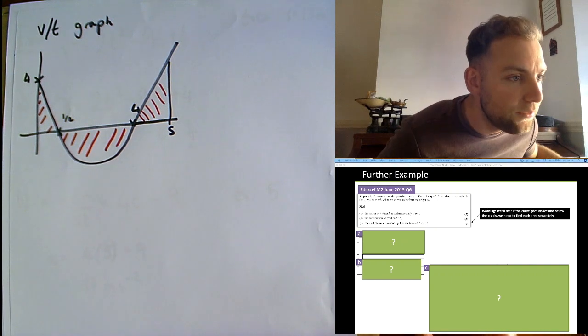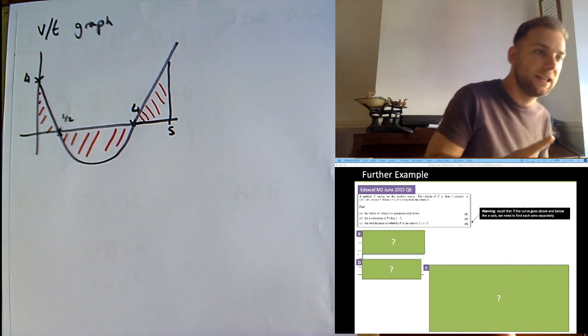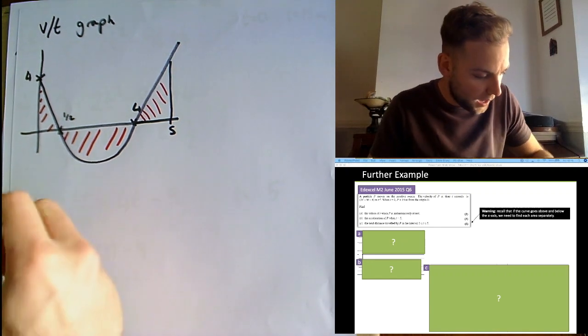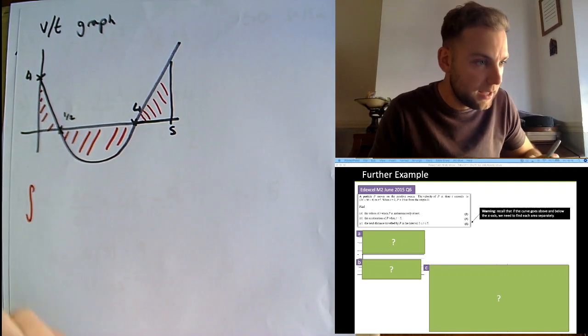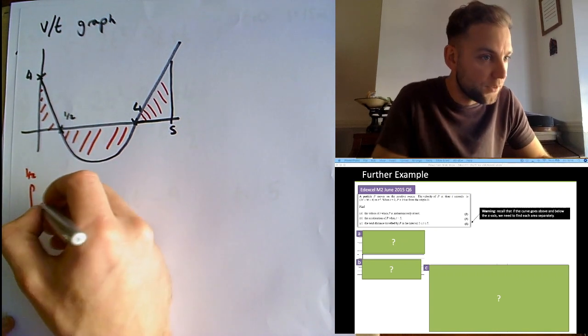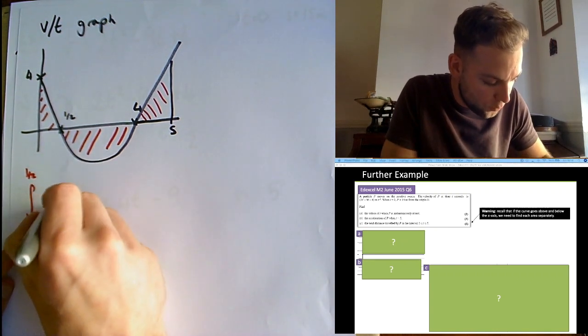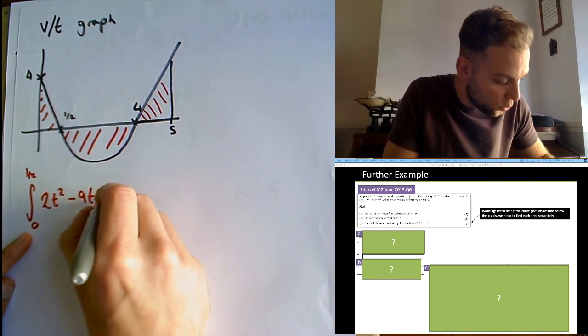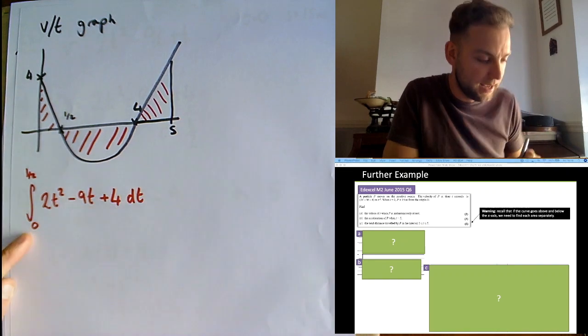Now, has it given it me... Oh, I don't need the initial state, do I? Because I'm going to be solving between these two boundaries. So I want to integrate between 0 and a half the velocity, which was equal to 2t squared minus 9t plus 4 with respect to t.